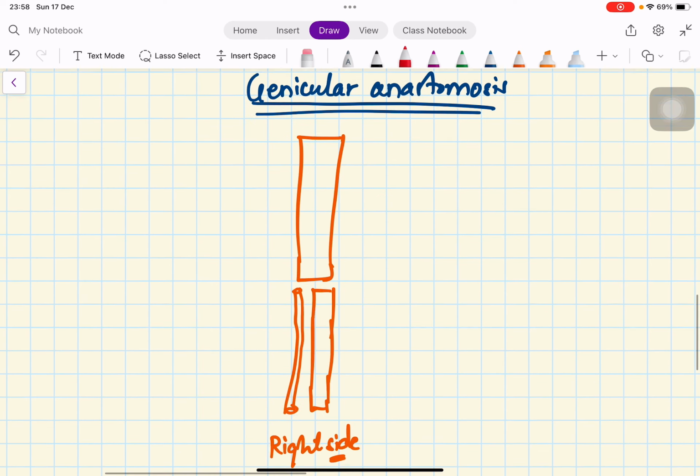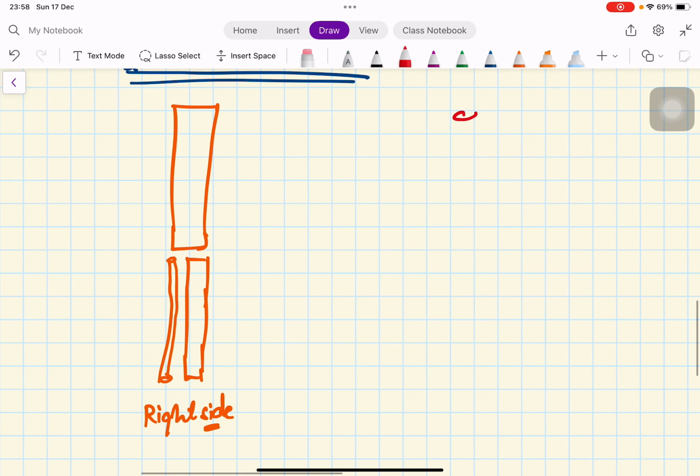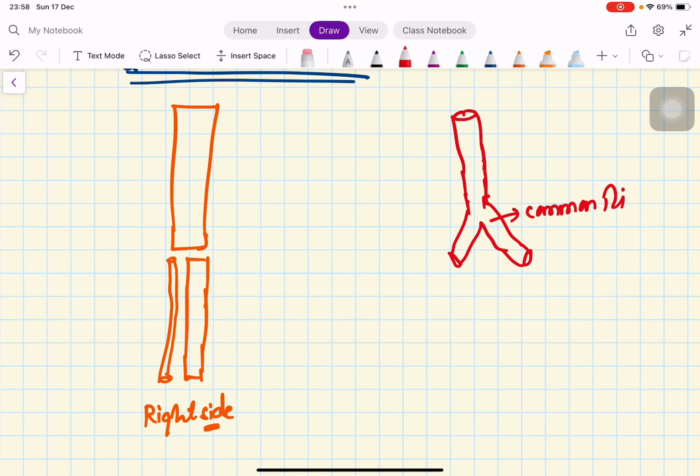My descending abdominal aorta was coming like this, then it divides into two branches.